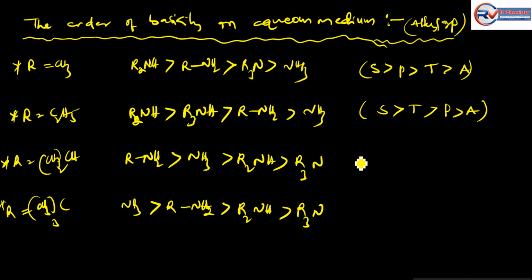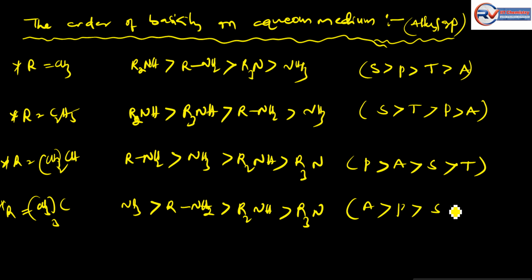Next, propyl group: primary amine is greater than ammonia is greater than secondary amine and tertiary amine. Last one, butyl: ammonia is greater than primary amine is greater than secondary amine is greater than tertiary. So simply remember the basicity order of different alkyl groups.